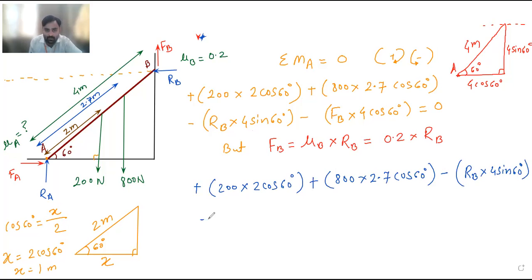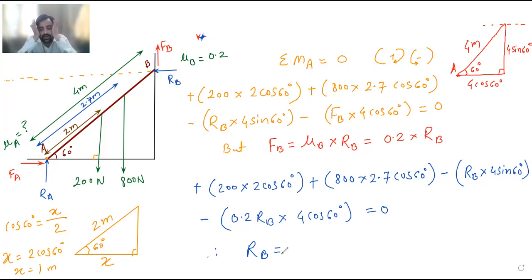and then again minus this FB. Instead of FB now I will put 0.2 RB. So here it is 0.2 RB into 4 cos 60, which is equal to 0. Now there is only one unknown, RB. Therefore find out the value of RB. Let me know the answer of RB.